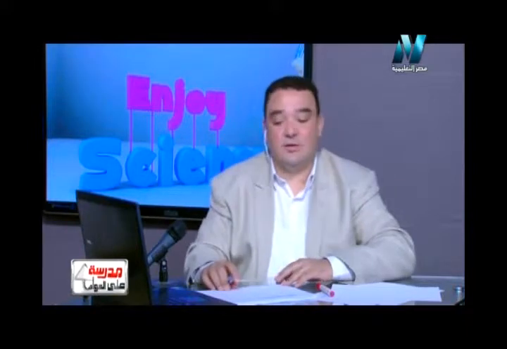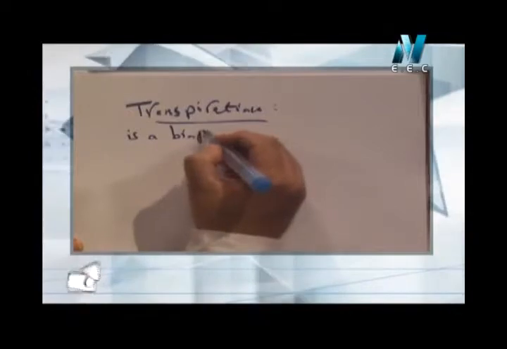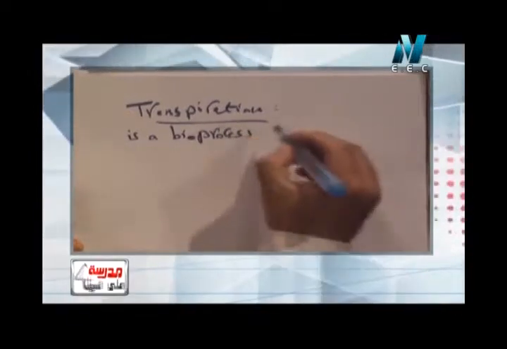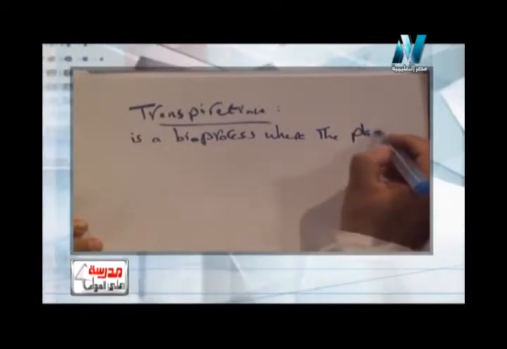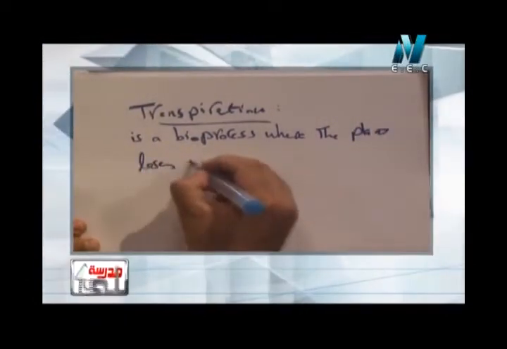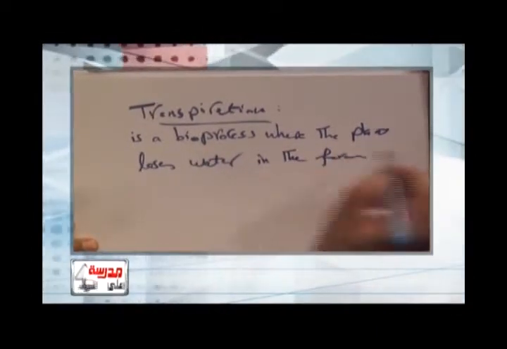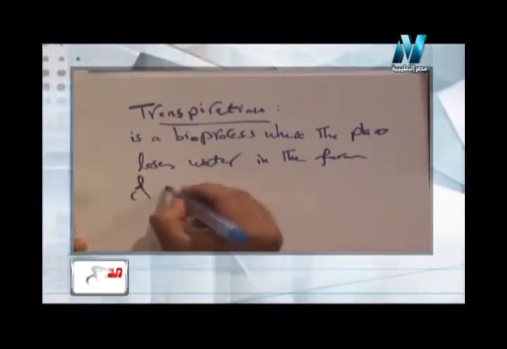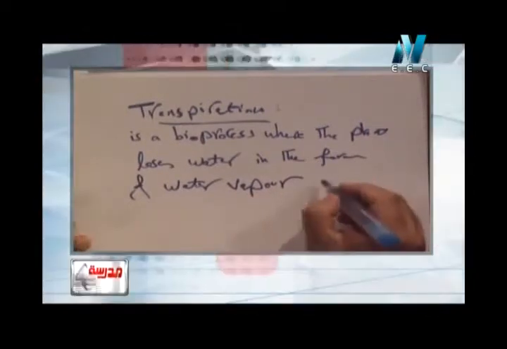So let me write this definition. Transpiration process is a bioprocess where the plant loses water in the form of water vapor to the surrounding area to get rid of excess water.